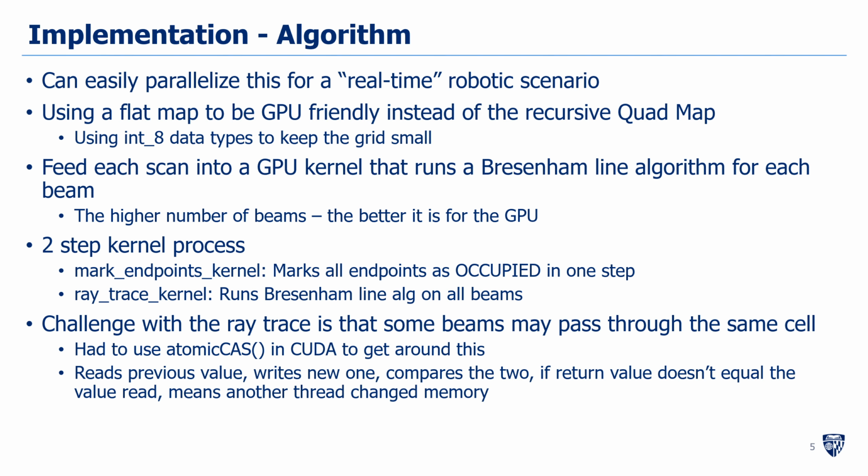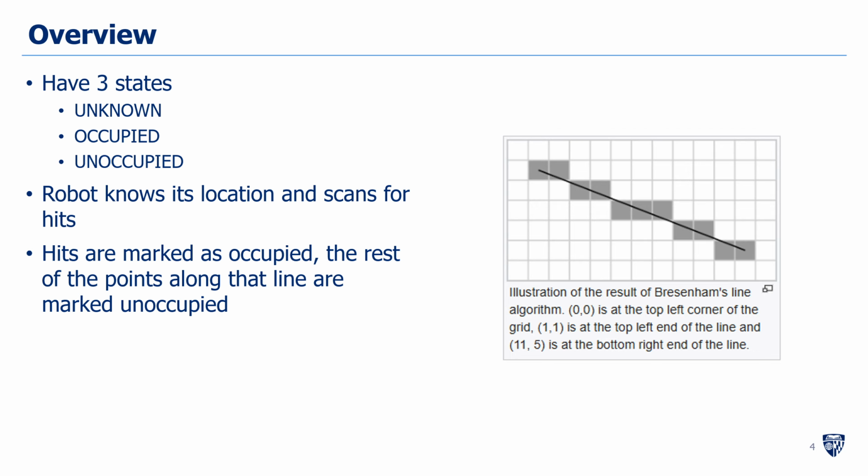The biggest challenge with the ray trace, I would say, is that some beams might pass through the same cell. Like I showed on the previous slide, I'll go back to help this make sense. If you have a robot right here, and maybe it picks this cell now instead of this one, because maybe you had an obstacle here and now you have one here, or here, for example, you're going to run into the same cells.